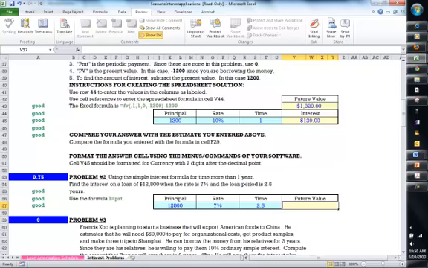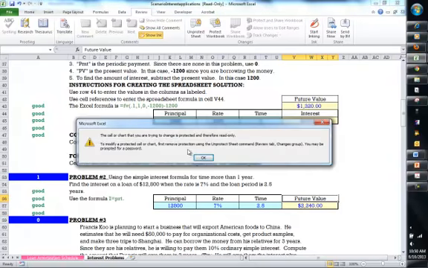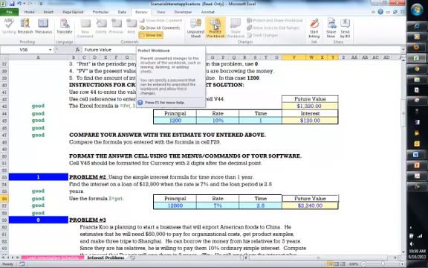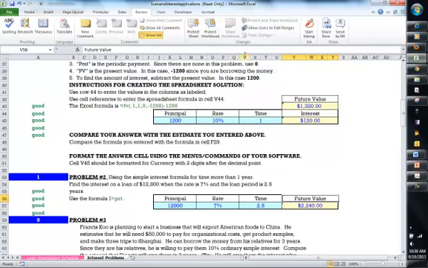The interest will be the principal times the rate times the time.